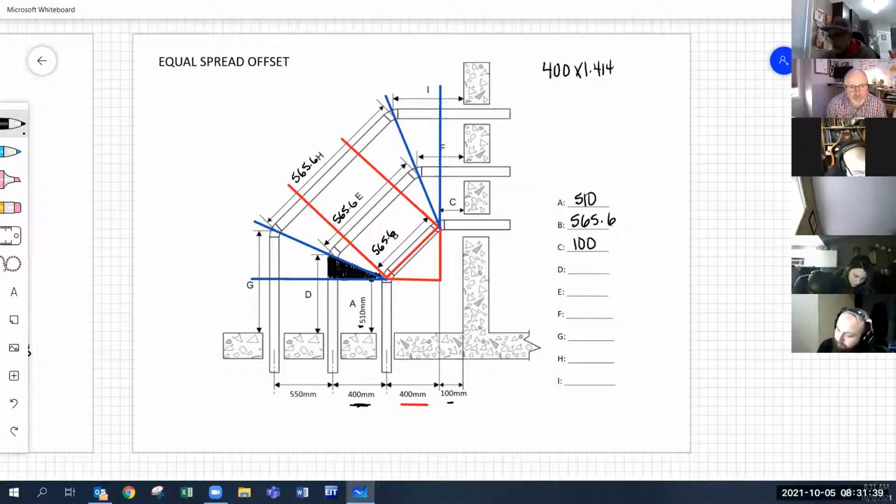So I want to get the rise of this 22.5 degree right angle triangle. I will take 400 and multiply it by the tangent of the 22.5, which is 0.414. And that's 165.6.